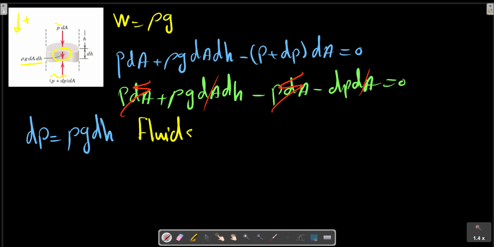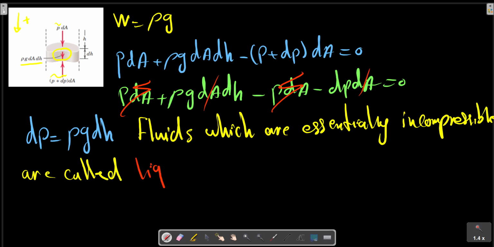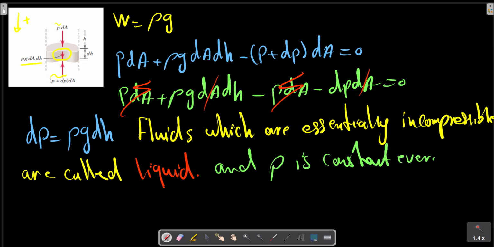Fluids which are essentially incompressible are called liquids, and rho is constant everywhere in the fluid.